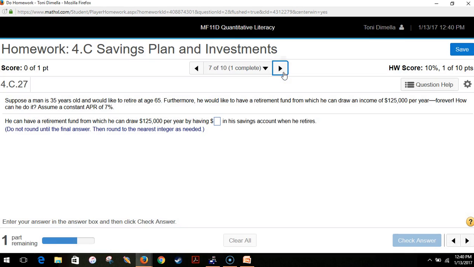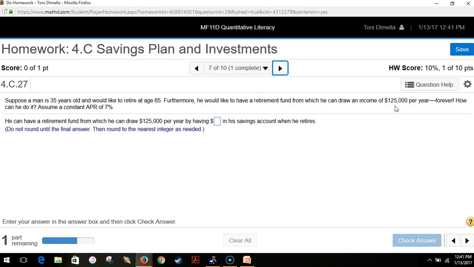We can work this a little bit differently as well. We can say, well, I'm 35 years old. I want to retire at 65. So I want to work another 30 years. I want to have a retirement fund that will allow me to pull out $125,000 a year.